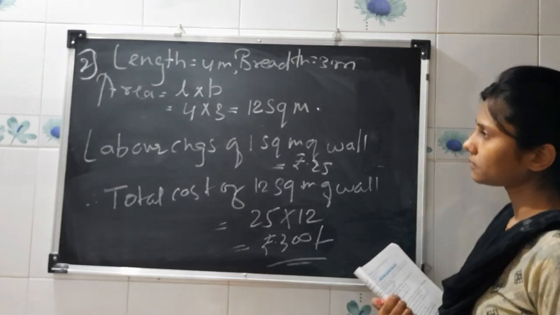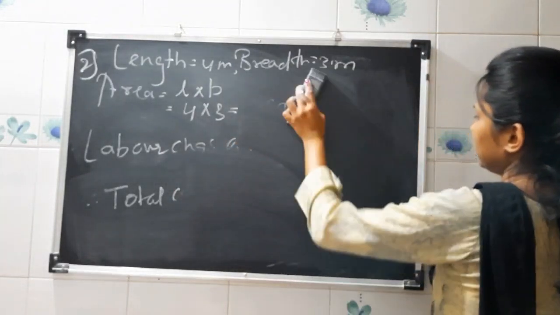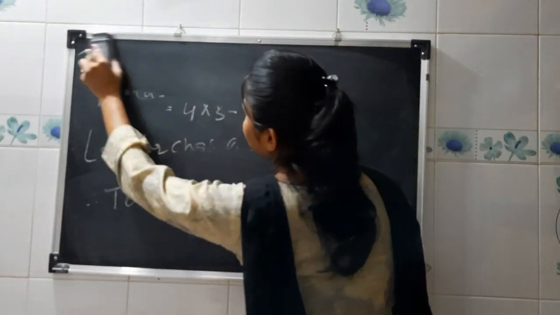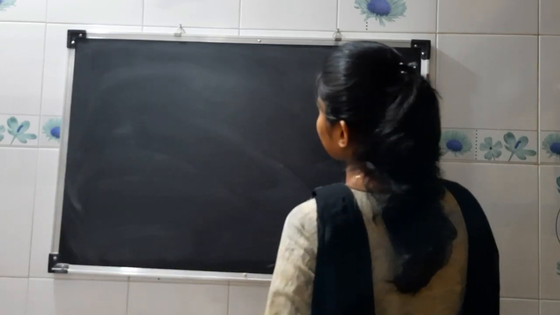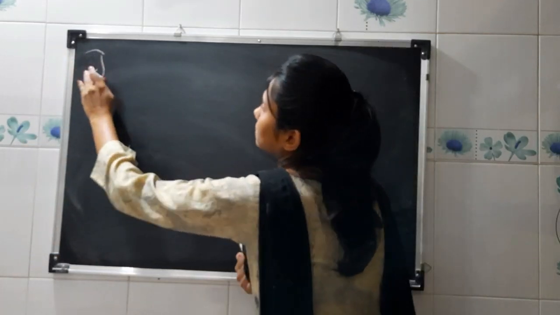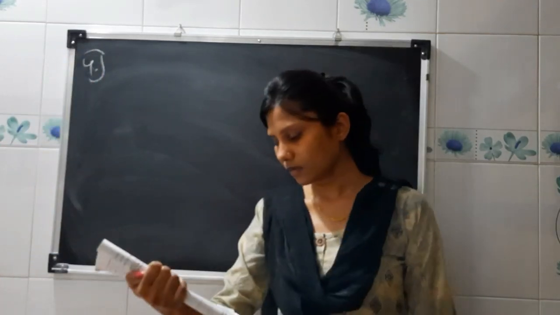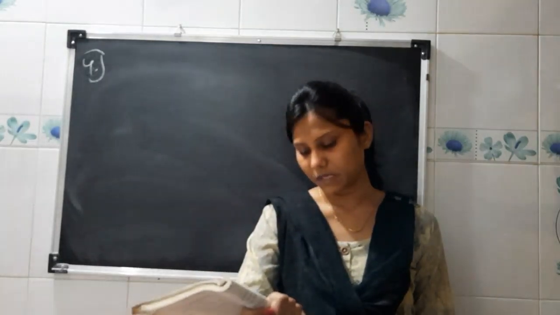Okay, now the next, last one. Sorry, the fourth one. One side of a square room is 4 meter. If the cost of labor for laying 1 square meter of the floor is rupees 35, then what will be the total cost of labor?